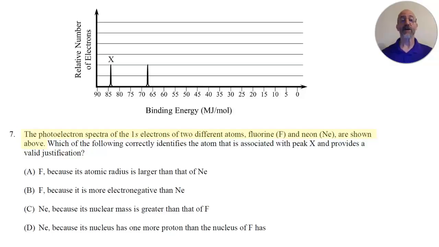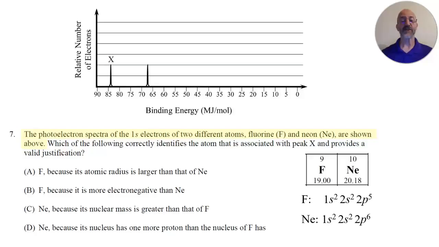Let's be clear that we are not looking at a photoelectron spectrum of one pure sample of an element. Fluorine is 1s2, 2s2, 2p5, and then neon is 1s2, 2s2, 2p6. So in this diagram, we are just focusing on the peaks for the 1s electrons of fluorine and neon.